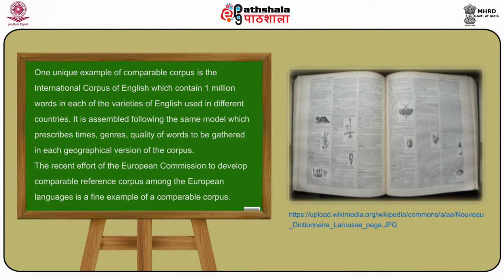One of the unique examples of comparable corpus is the International Corpus of English, which contains around 1 million words in each of the varieties of English used in different countries. It is assembled following the same model which prescribes times, genres, quality of words to be gathered in each geographical version of the corpus.